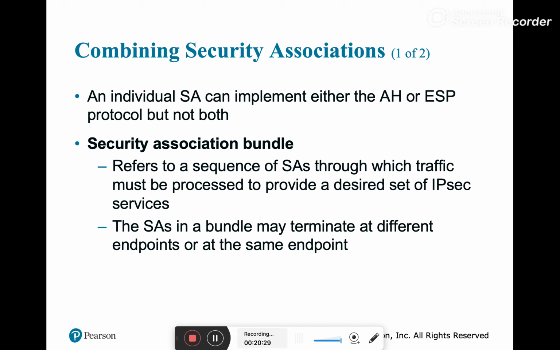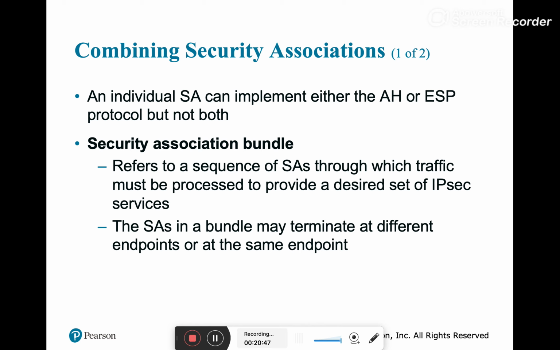If you have a security association bundle, it doesn't mean that the bundle is only created between the same source and destination. They may terminate at different endpoints, or maybe at the same.